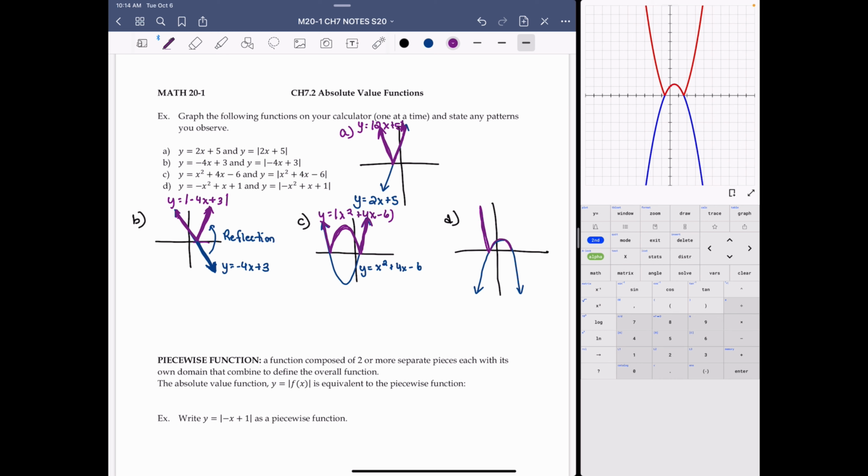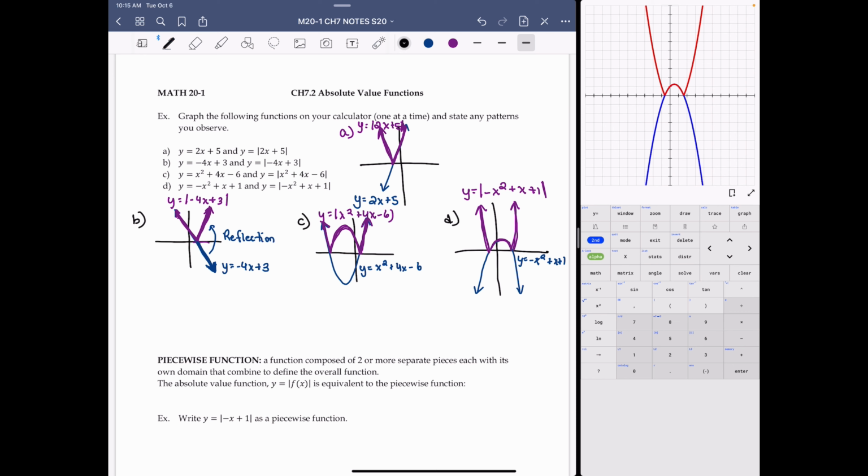The middle portion is the same, and the right arm is reflected up. So that is y equals absolute value of negative x squared plus x plus 1. And the parabola is y equals negative x squared plus x plus 1.